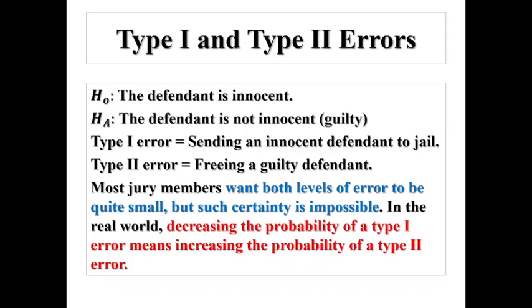And you want to reduce the type 1 error. So that means what? Well, we are afraid of sending an innocent defendant to jail. Therefore, we need to collect more confident evidence. Okay? In that case, the possibility of freeing a guilty defendant is increased, right?